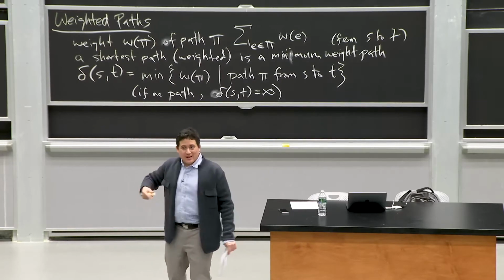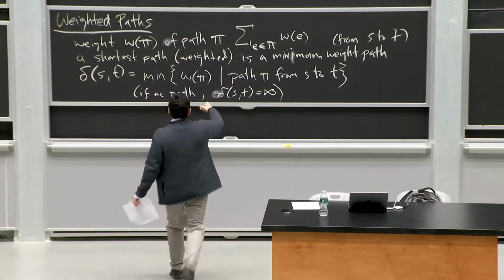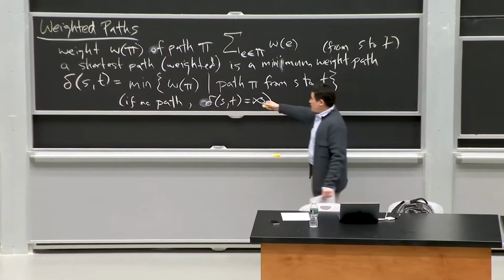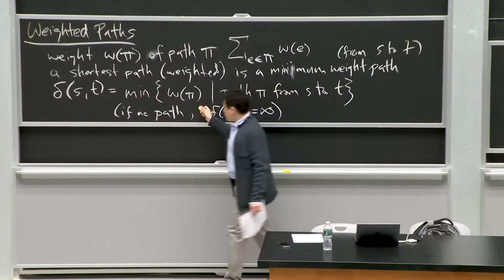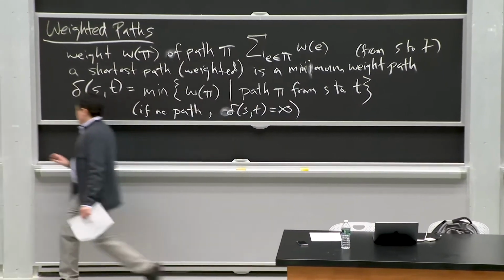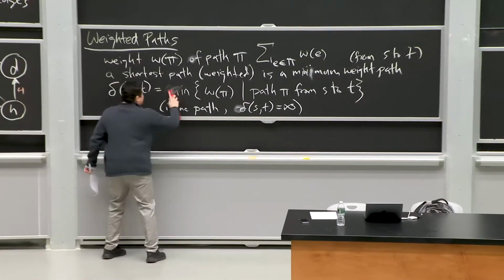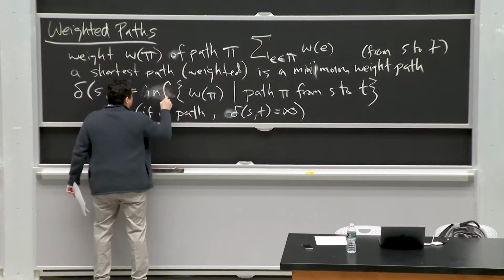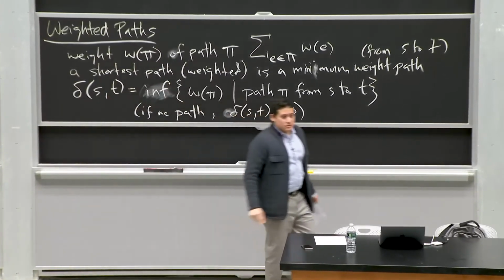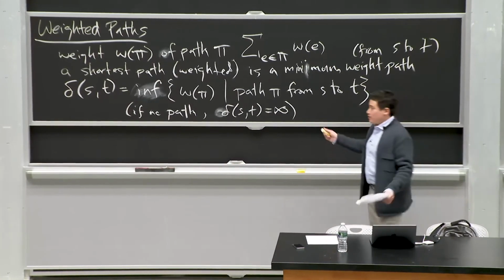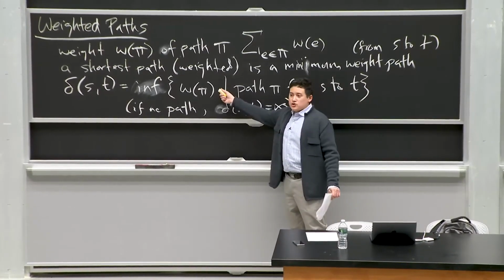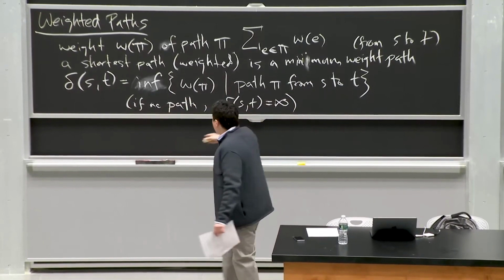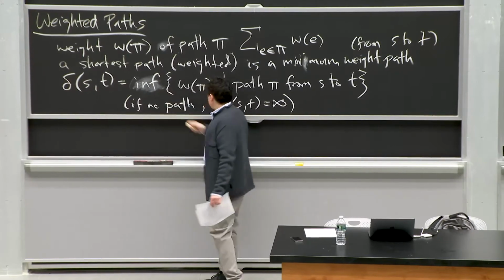So if the minimum weight of a path from S to T actually goes through an infinite number of edges, then this isn't really well defined. So I'm going to change this minimum to what in mathematics, just to be specific, we call an infimum. In the case where the weight of a shortest path can approach arbitrarily small, we'll call this minus infinity, okay?